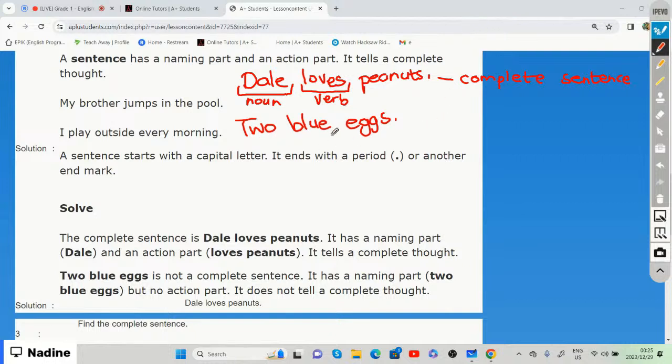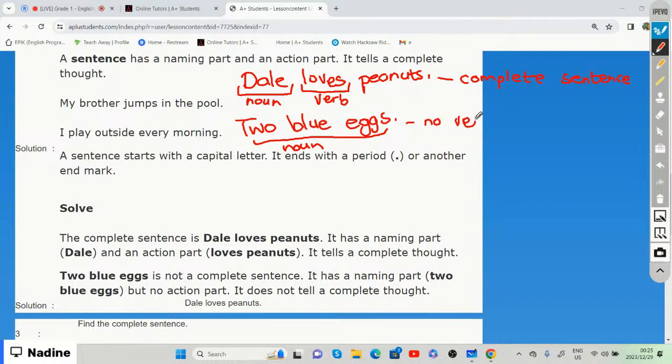And then we have 2 blue eggs. If we look at 2 blue eggs, it is our naming part, which is our noun, but it has no action part.